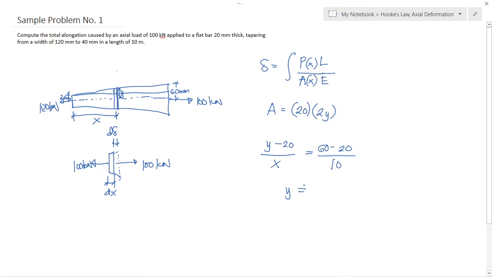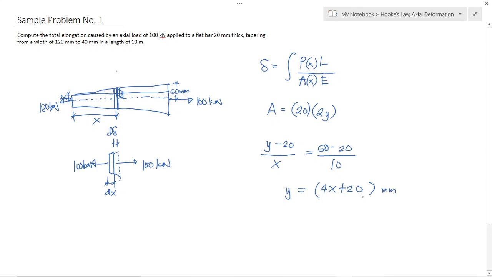So just manipulate the equation, because 60 minus 20 is 40, divided by 10 is 4, multiplied by x, y is 4x plus 20. So, you have y is equal to 4x plus 20 millimeter.